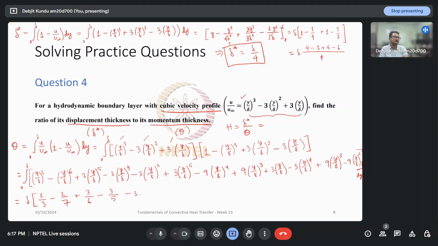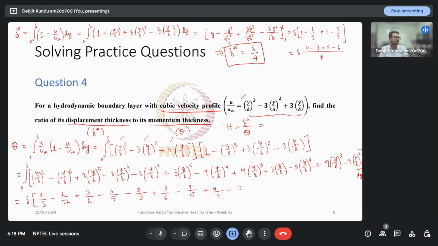Then we have 3 originally, and integration would also give us 3. Then we have 3 over here, integration would give us 6. Then we have 9 here, and integration would give us 5. Then another 9, integration gives us 4.